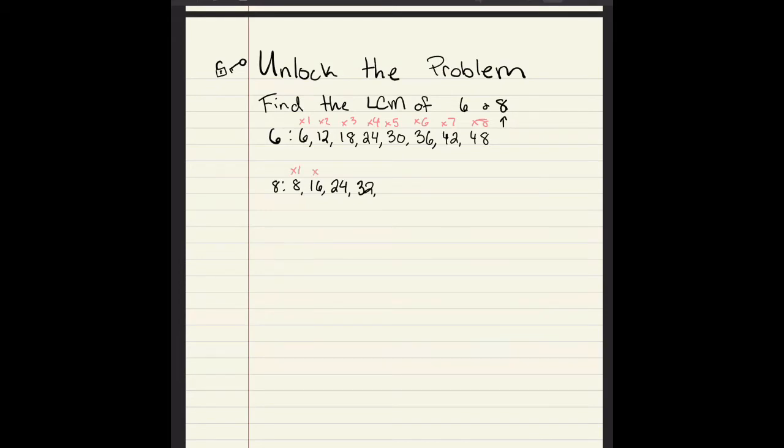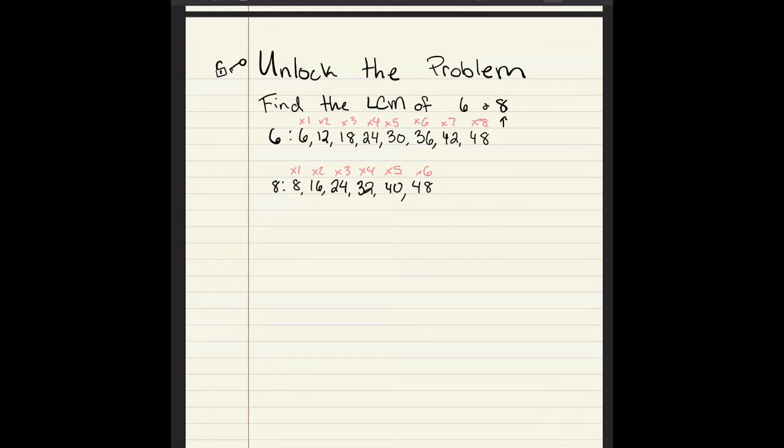That's times 1, 2, 3, 4. Now I need to do times 5. 8 times 5 is 40. 8 times 6 is 48. So I can stop there, which is why I went to 6.